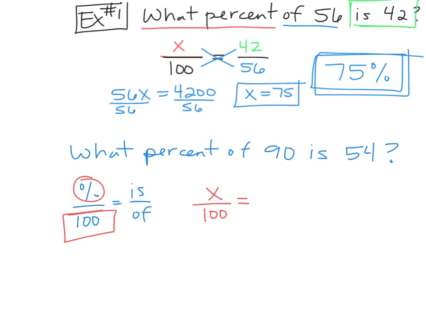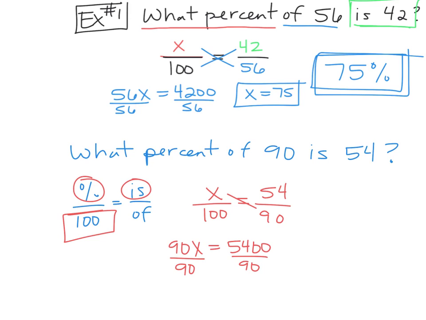Percent over 100 equals what over what? 54, your is number, which is 54, over your of number, which is 90, and then you cross multiply it. So it's going to be 90 times X equals 54 times 100, so 5,400, and then you're going to divide by 90.